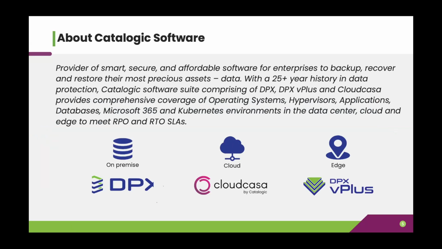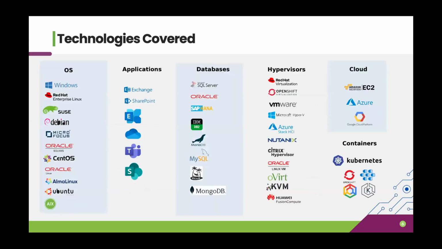We're just going to focus mainly on Cloud Casa today and a little bit about B+, but it's a cross-platform data protection solution that's meant for operating systems, applications, virtualization, cloud, virtual machines, et cetera, okay? So it's a pretty broad offering of what we have. And I'm just going to leave this here just for a second, just to give you an idea of all the different kind of technologies that we cover.